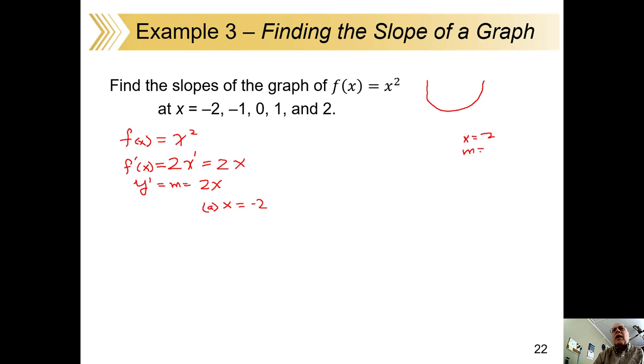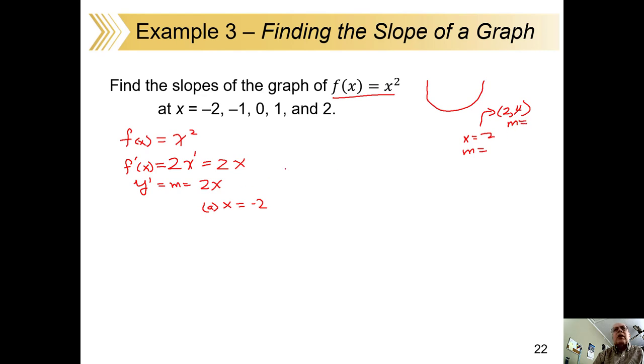What's the slope at that point? Now if we want to, we can actually figure out what the point is. Just put the negative 2 in for x. This tells us how to find the y. That means the y value is 4. What's the slope at that point?